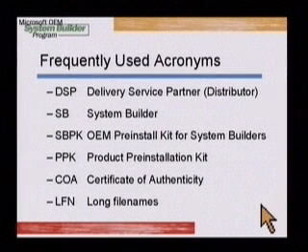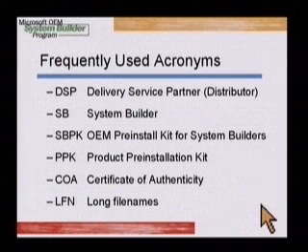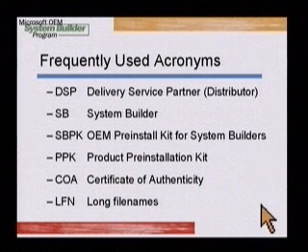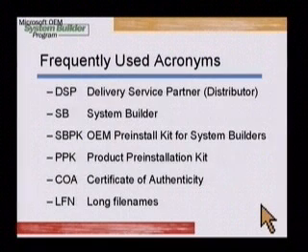You use a SBPK, or the System Builder pre-installation kit, to accomplish that. It used to be called a PPK, or Product Pre-installation Kit. The COA, you may remember, is the green license, or Certificate of Authenticity, glued to the front of all the manuals. And LFN, or long file names, that's any file name that exceeds the 8.3 naming convention.